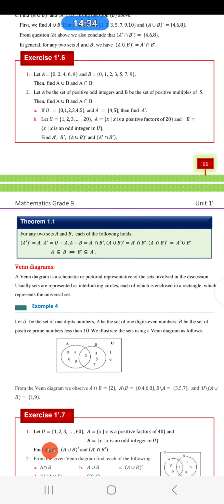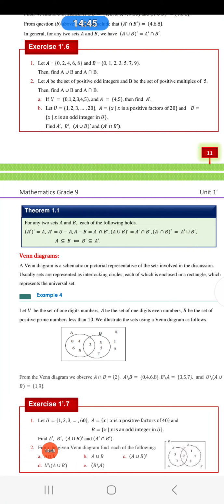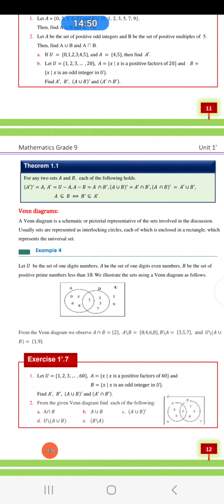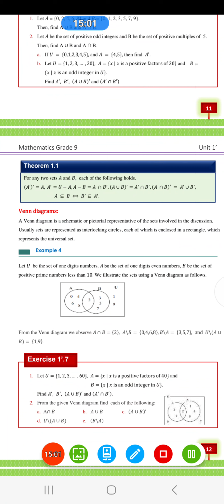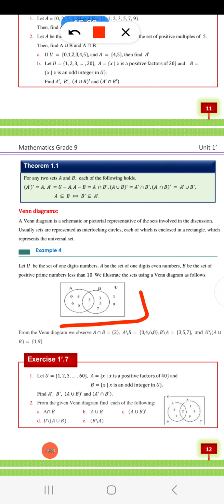Usually sets are represented as interlocking circle, each of which is enclosed in a rectangle which represents the universal set. Danaan Venn kunis danaa boca akka phaa yookiin akka geengoo qabaatee danaan kunis universal set yookiin tuunni waliigalaa bifa rectangle qabu isaan kana haammatee kan jiru kun danaa veen yookiin veen diagram jedhama.